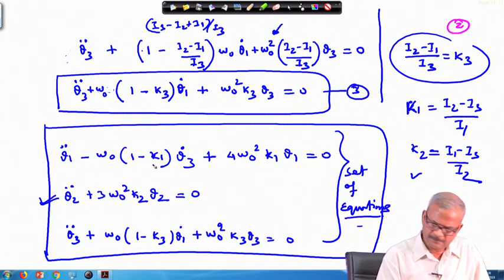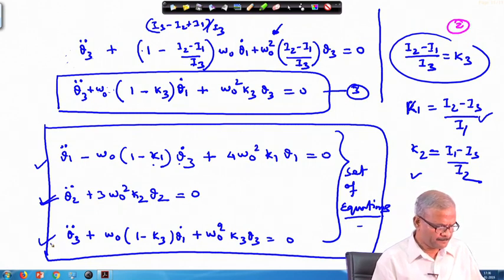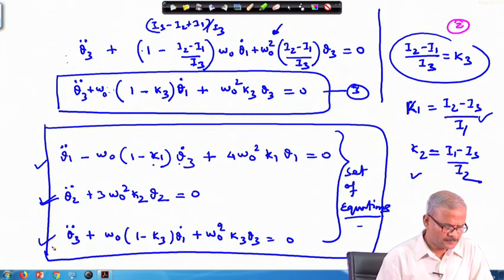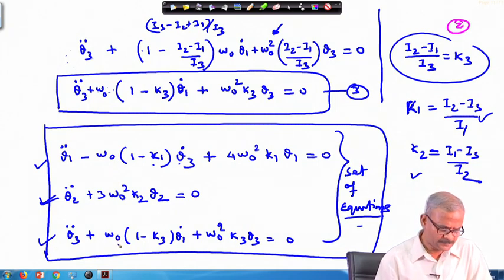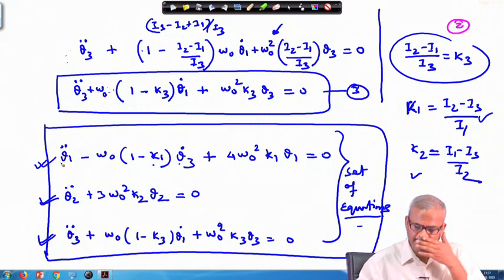One minus k 1, so k 1 is I 2 minus I 3 divided by I 2, this is fine, plus 4 omega 0 square k theta 1. Okay. And theta 3 double dot plus omega 0 theta 1 dot 1 minus k 3 omega 0 square k 3 theta 3. So, this is the final equations we are getting.